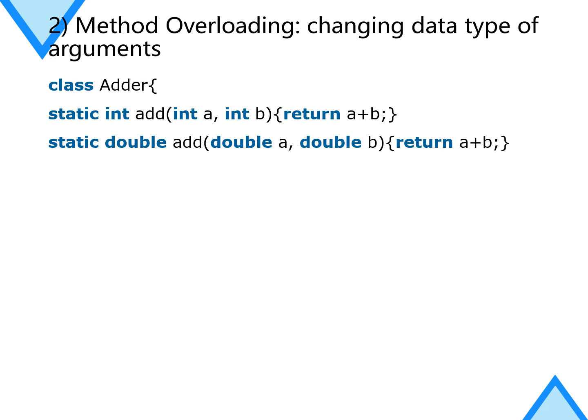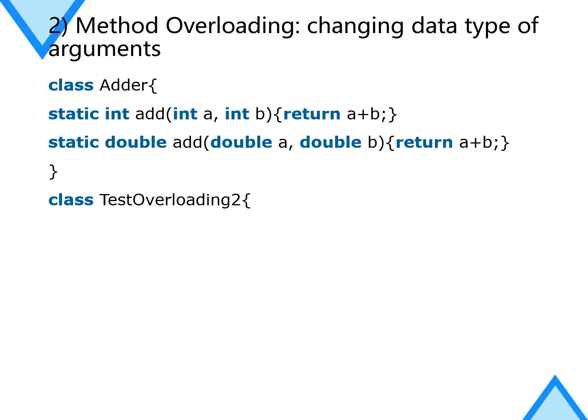The number of arguments is again two, but here we are changing the type of the arguments, and this method returns the addition of two double floating point numbers. In the first implementation, we return the addition of two integer numbers, while the second implementation returns the addition of two floating point numbers.